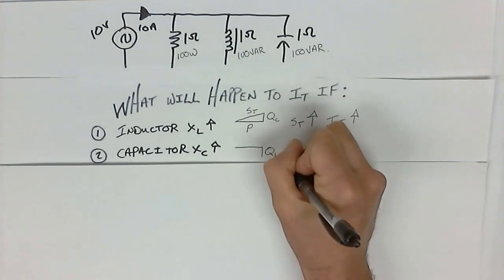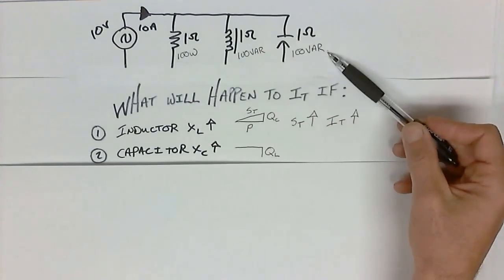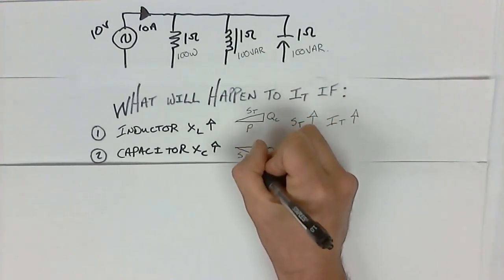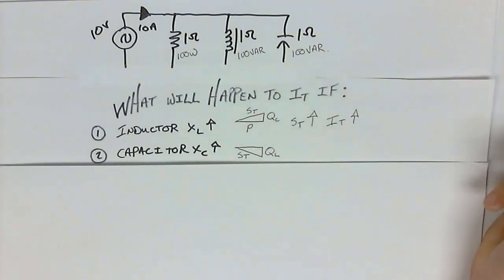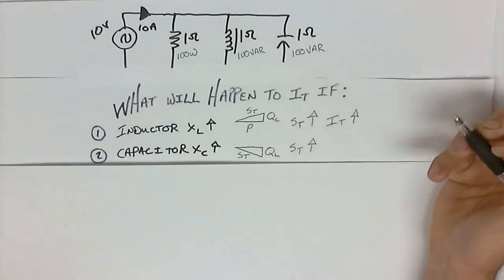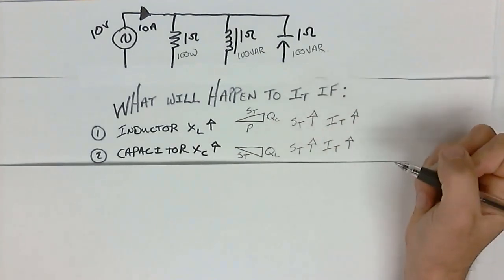There are more inductive reactive VARs because this has shrunk in value. And because of that, what happens to the total S or VA of the circuit? It's gone up, hasn't it? S total would go up, which would then mean I total has also gone up.